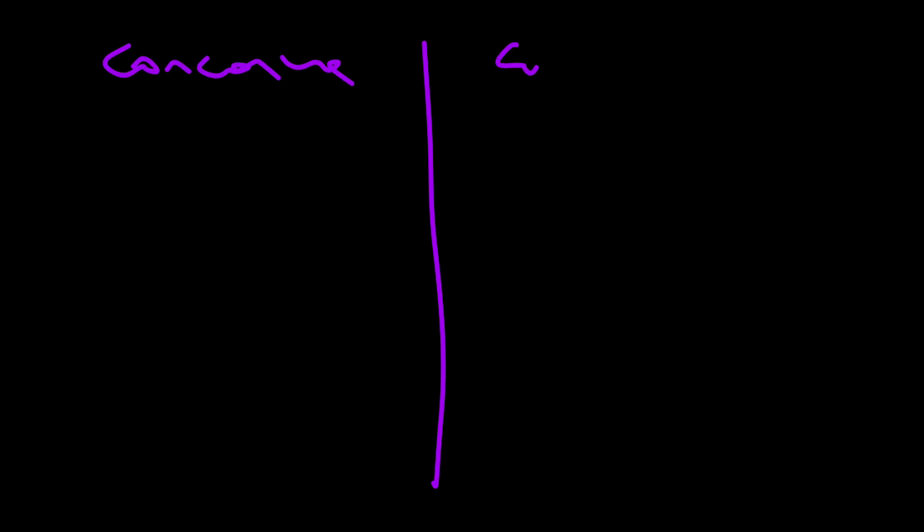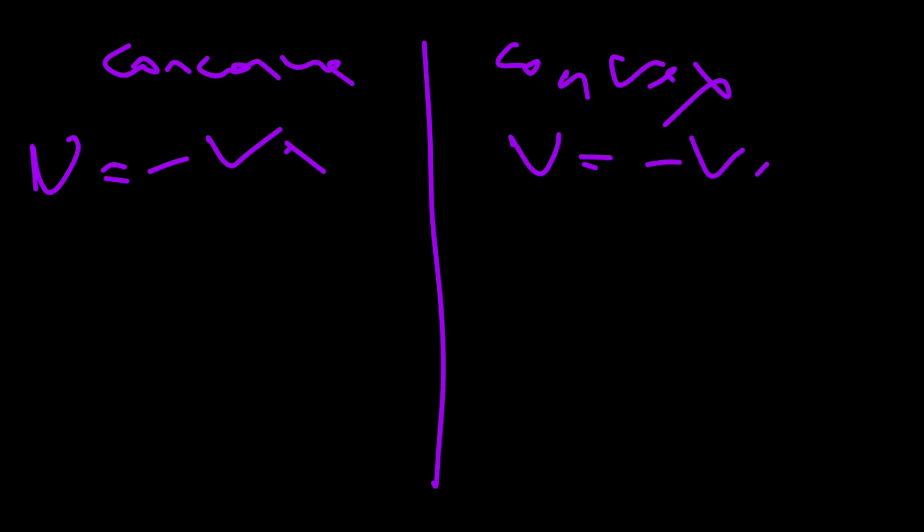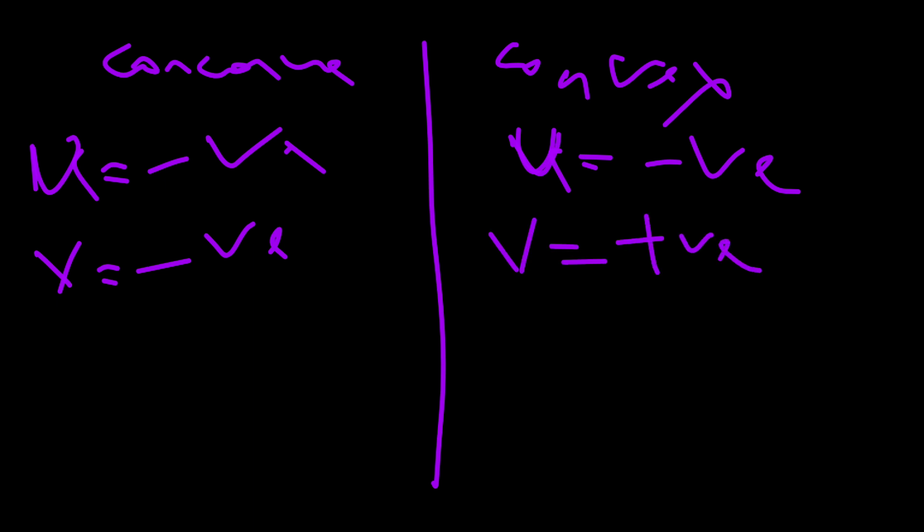So let's compare these two: first concave and next convex mirror. For the convex mirror, the u value is always negative. Here also the u value is always negative. Coming to the v value: for concave, it is always negative, and for convex, the v value is always positive.